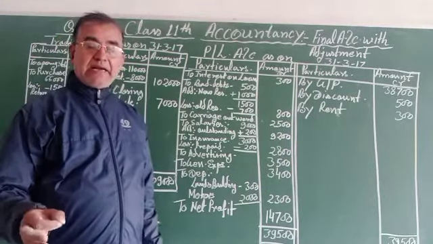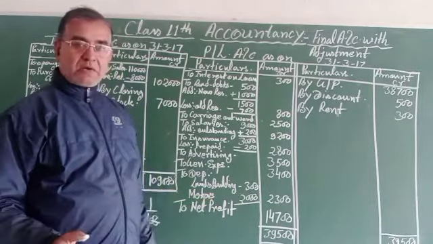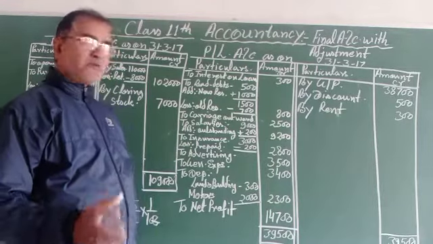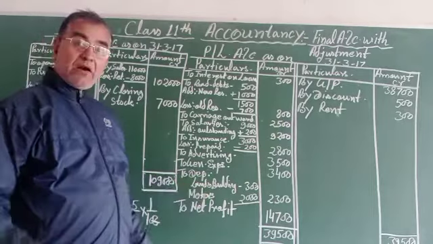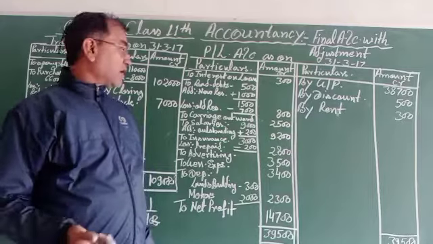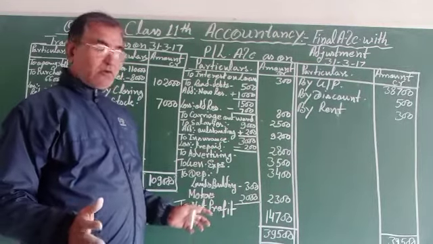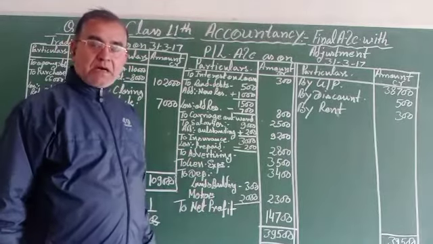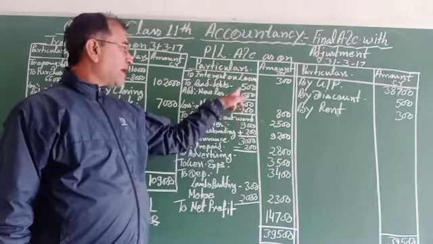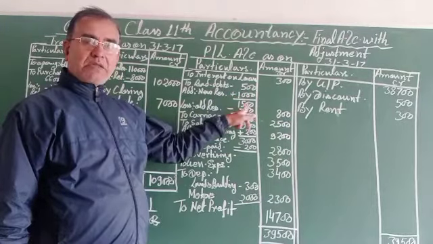We have to create 5% on debtors. The total debtors amount that is given 20,000, and 5% of 20,000 will be 1,000, which may be doubtful debts, can be irrecoverable in future. The enterprise is allowed to create such types of liability. So the creation 1,000, plus bad debts given inside of the trial balance, and the new reserve 1,500.